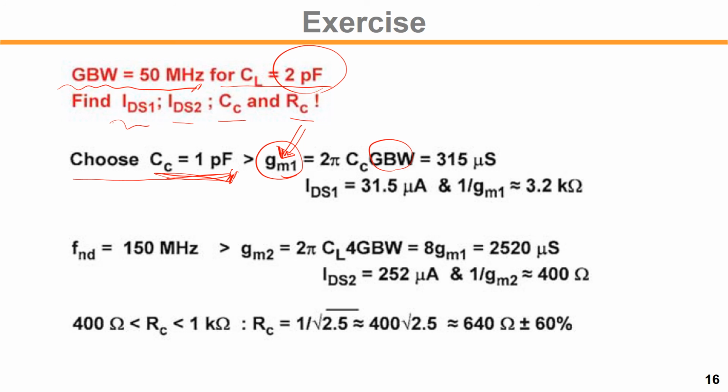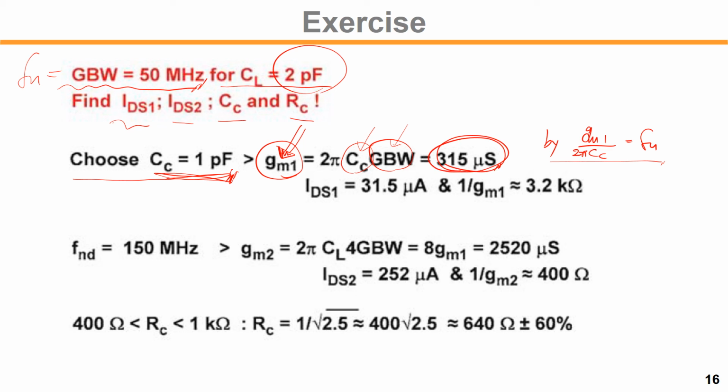GM1 over 2 pi times CC is FU, and FU is 50 megahertz. So plug that number in. We require GM1 to be 315 microsiemens.